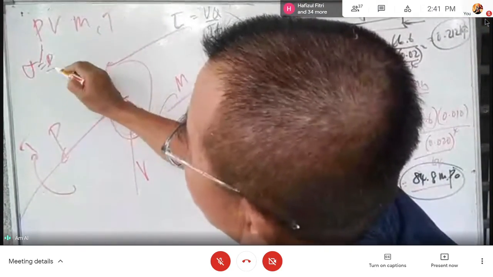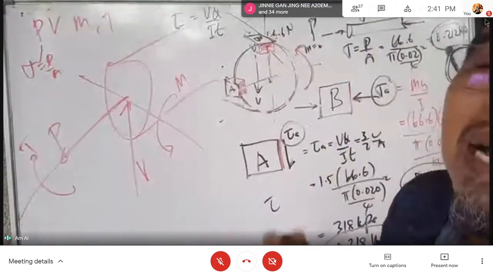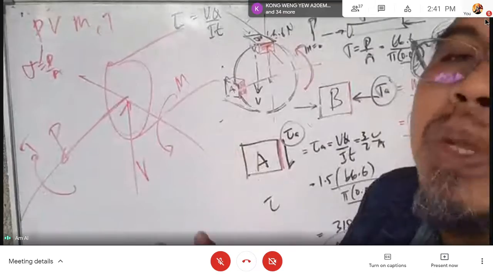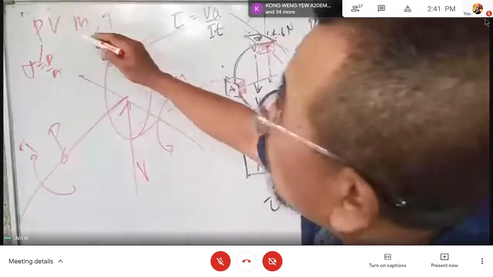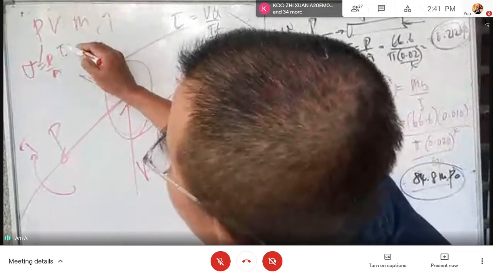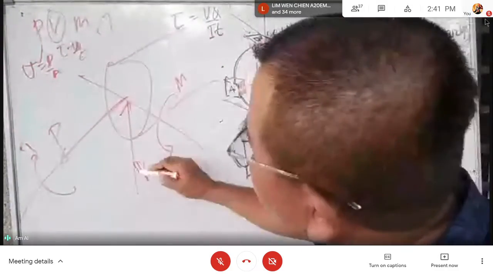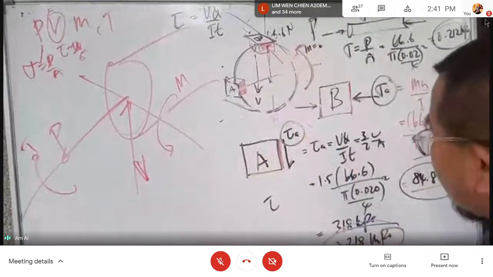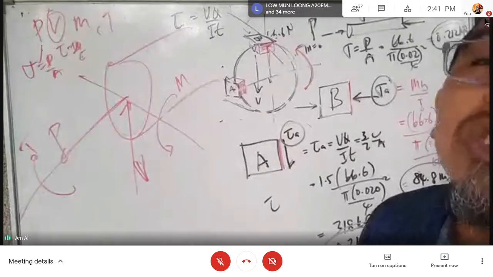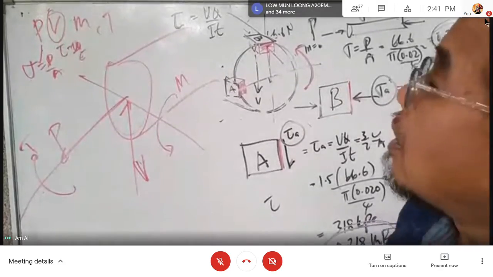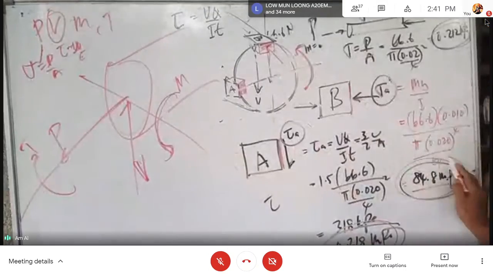Sigma is equal to P over A. We learned this one, but sigma due to P over A is quite small actually. And then we have learned about tau is equal to VQ over IT from this one. Small also, the value is small. And then we learn about the moment, that one. The value is big.